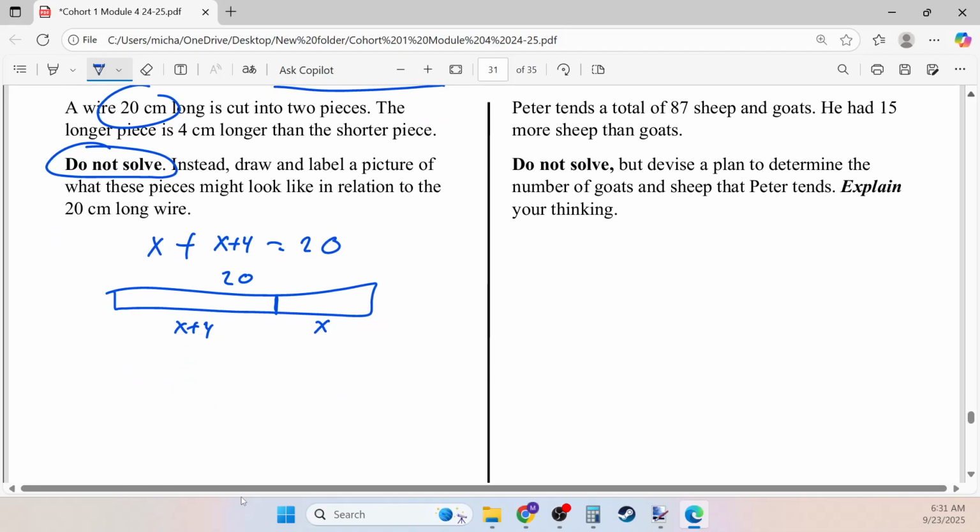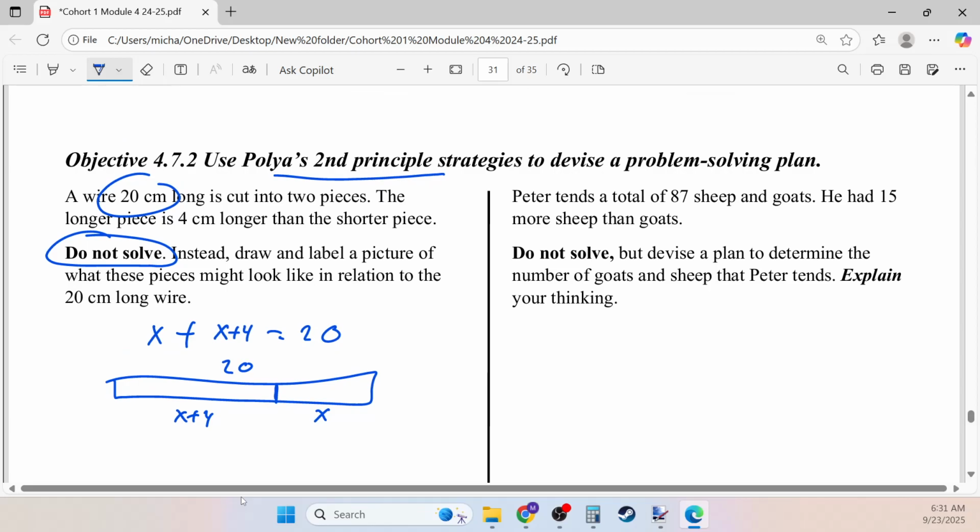I guess they just wanted the picture labeled like this instead of a Y. Okay. I guess we should read the goal first because we didn't need the equation, we just needed the picture. Do not solve. Devise a plan to determine the number of goats and sheep that Peter tends.